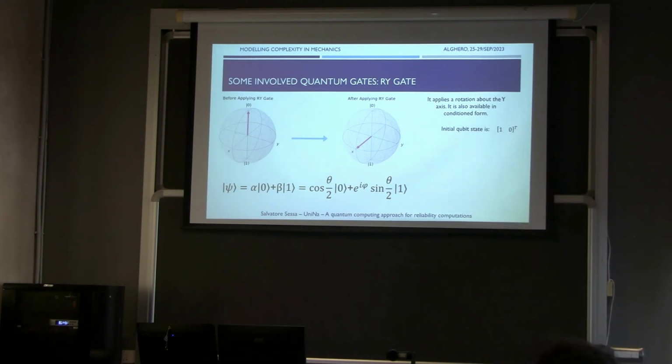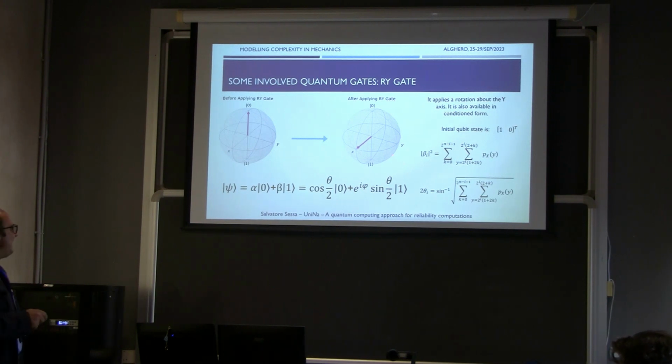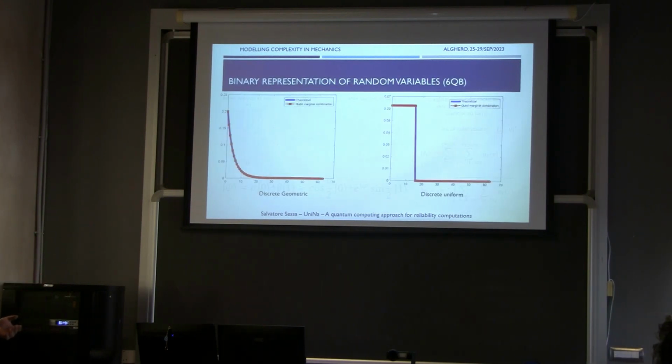Analogous to the classical computation here, I can compute the beta probability by the expression that I have shown before, and then I compute the theta angle that must be introduced in the gate in order to get a new superposition state that is consistent with the probability distribution of the variable.